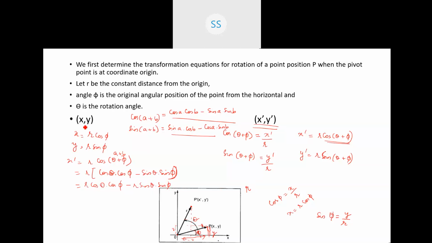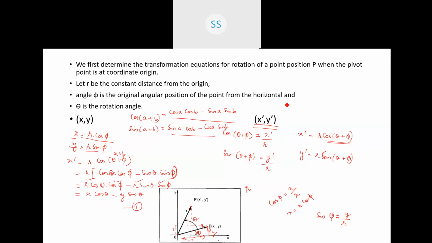And we also found what my x is. X is equal to r cos phi, and y is r sin phi. So I can say my x dash is equal to x cos theta minus y sin theta. This is how I find the value of my x dash.